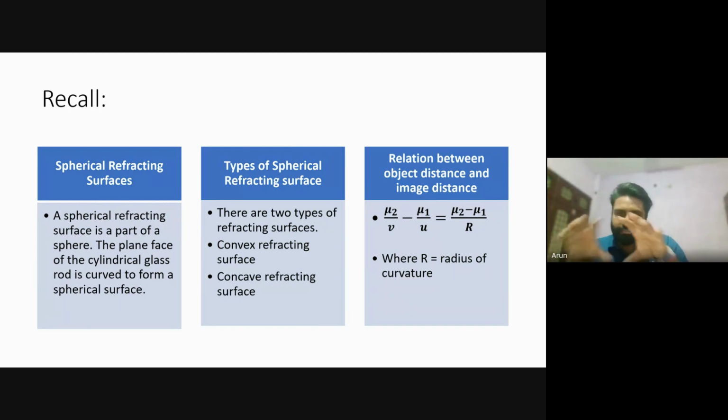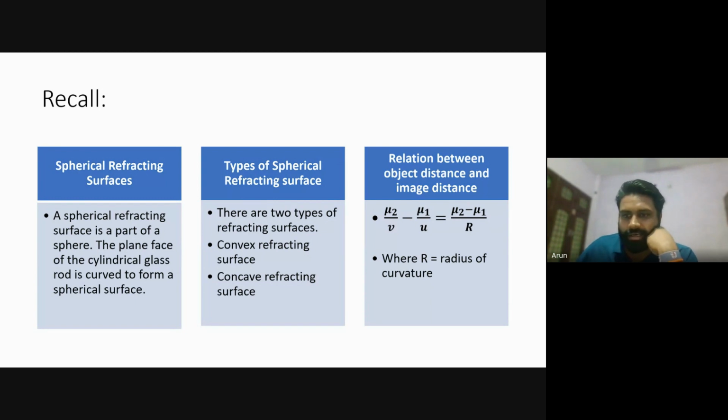There is a cylindrical rod, and if I curve it in the form of a sphere at the front, it becomes a spherical surface. And we have two types of spherical surfaces, the convex one if you bulge out and the concave one if you bulge in.